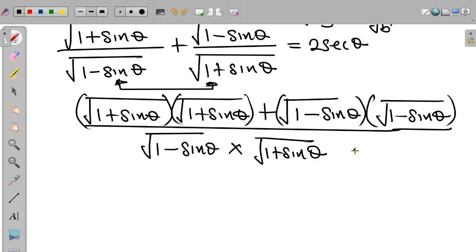Recall that if we have root of a times root of b, this can be expressed as root of ab. So we apply this rule at the numerator and also at the denominator.